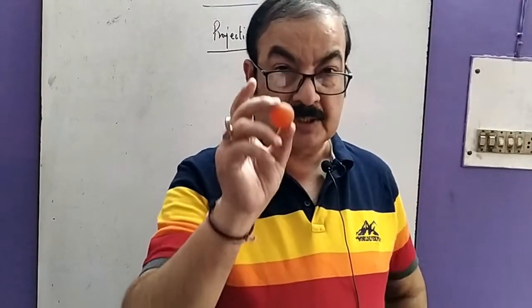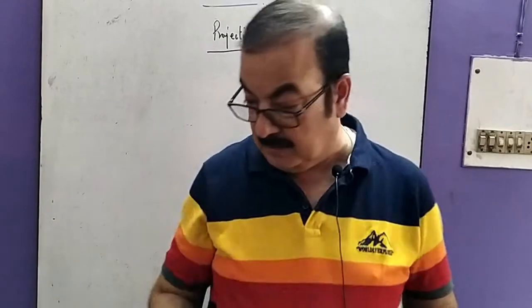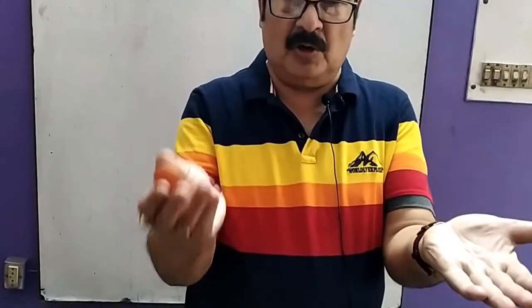Suppose I am having this ball, and this is the place from where we are considering both the hands are almost in horizontal, although with my movement, they are no longer in horizontal state.